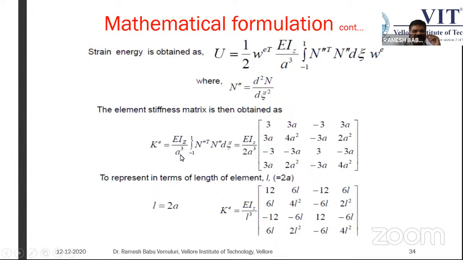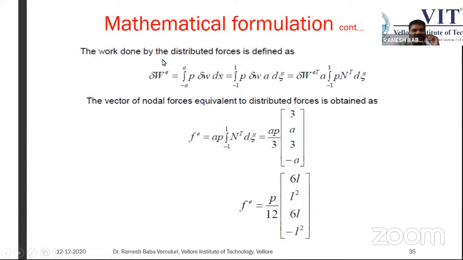So up to this point we got the stiffness, and we substitute it to get the stiffness of this particular element, Ke. Then the work done by the distributed forces is defined as delta We, the integral from minus a to a of p delta w dx, which becomes p delta w a d zeta, because here only one element is there.